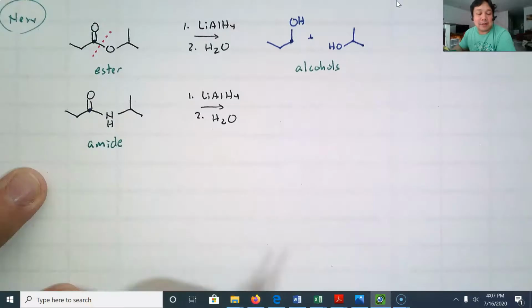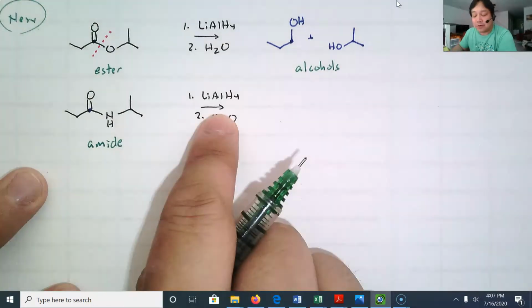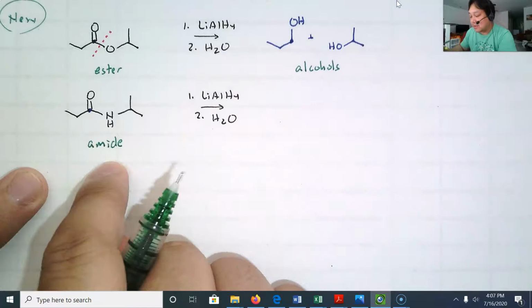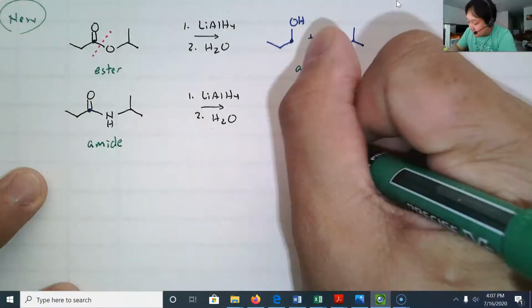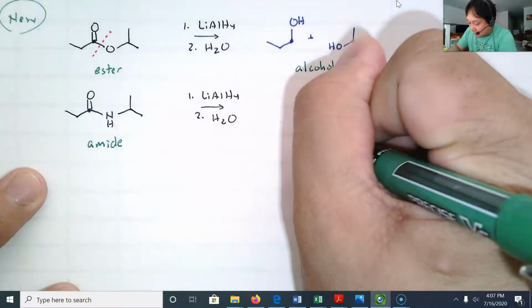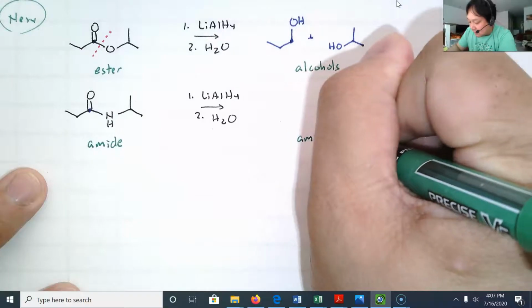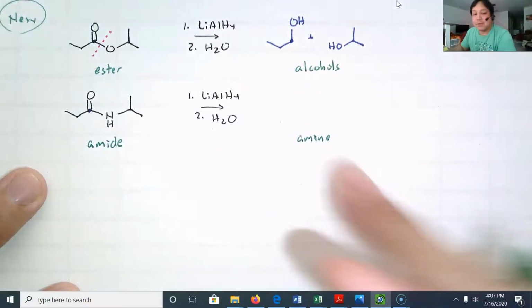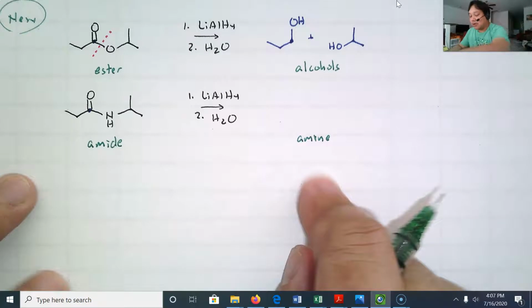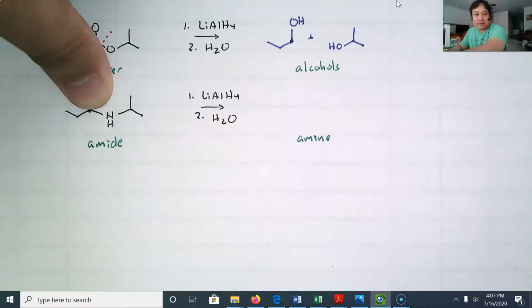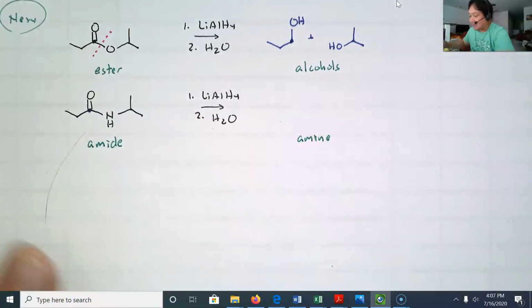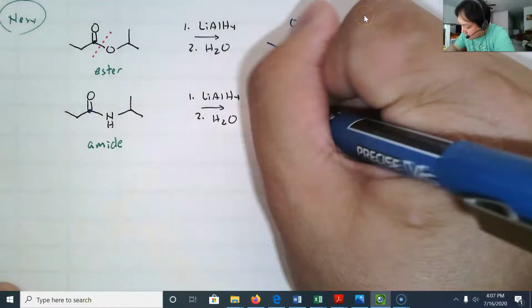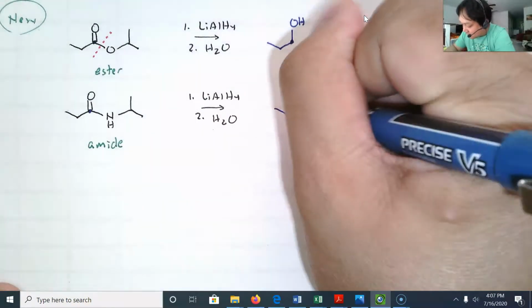With amides, you use LiAlH4 to reduce them to amines, not alcohols, not alkanes, to an amine. All you're doing is making this amine right there. Just get rid of the double bond oxygen. Strange, I know.